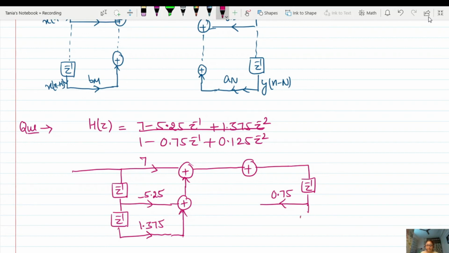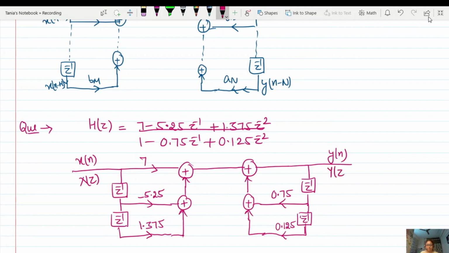Then z inverse, 0.125. Put the adder over here, and this is our direct form 1 realization of our system. This is the whole idea about the direct form 1 realization of our IIR system.